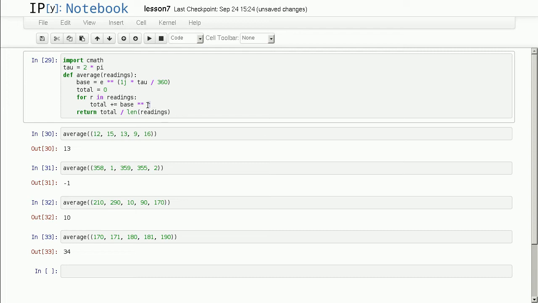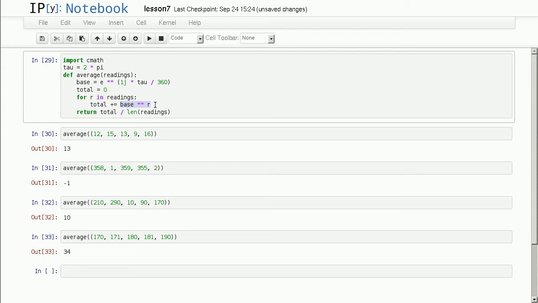So if r is 1 degree, then I'm adding the complex number or the vector that goes from the origin to that point that is 1 degree around the unit circle. If r is 45 degrees, then base to the 45th power is the complex number that is 45 degrees around the unit circle.